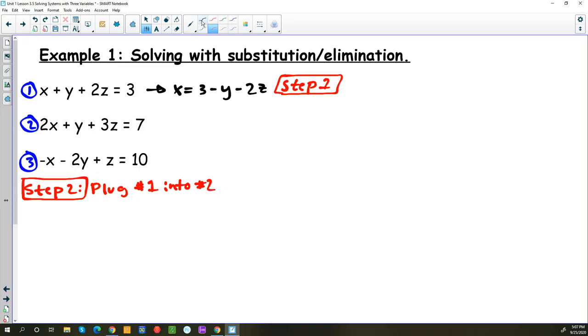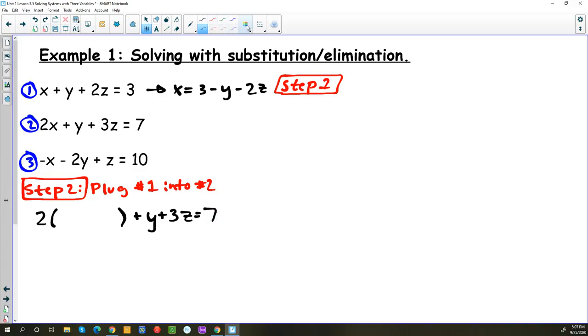All right, so what does this look like? Number 2 is 2, and then we solved for x, so we need to replace that. And then we have plus y plus 3z equals 7.